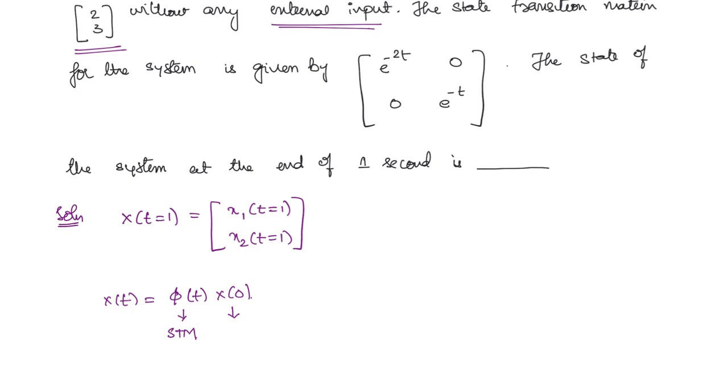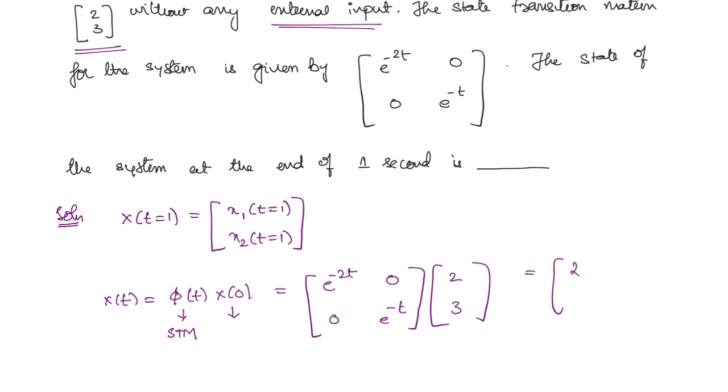So you can get x of t directly. What will this be? [e to the power minus 2t, 0; 0, e to the power minus t] and x of 0 is [2, 3]. So what will you get here? [2 e to the power minus 2t; 3 e to the power minus t].